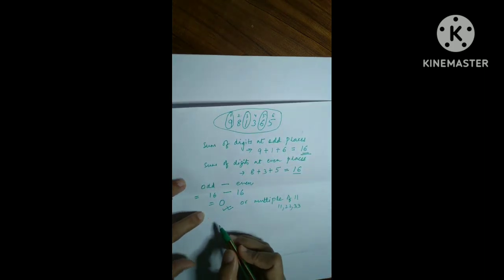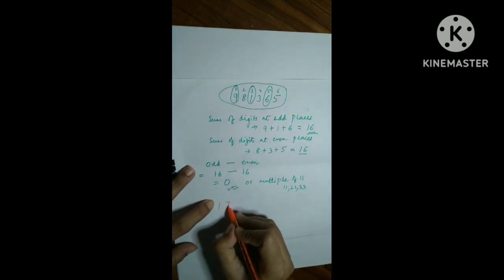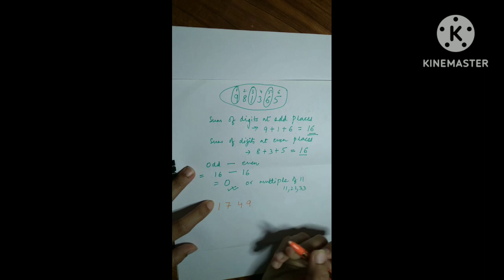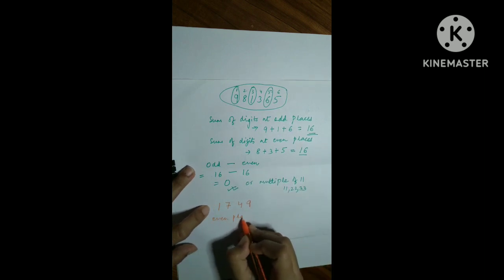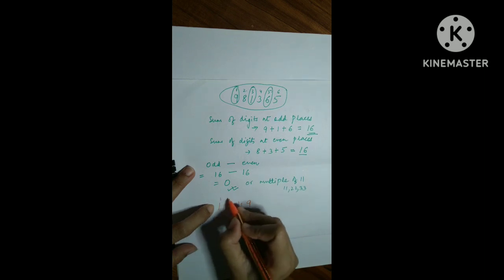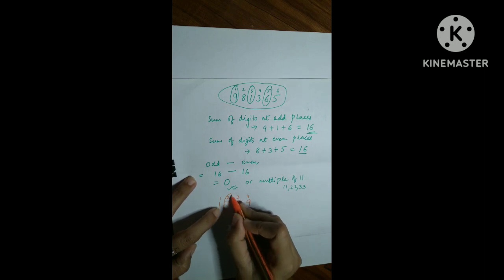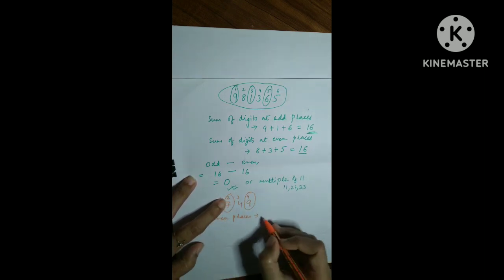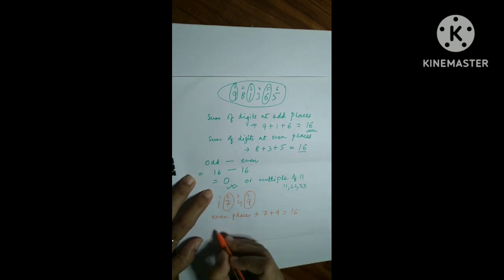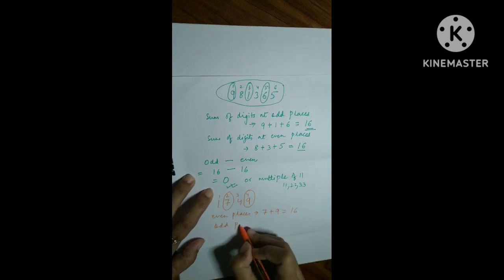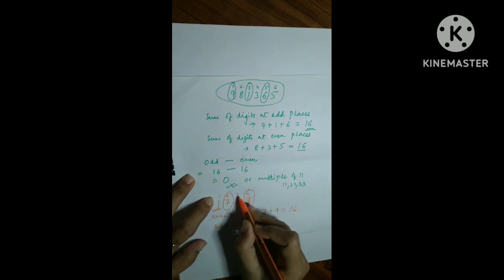Let us take another example. We'll add the even places. We'll give the numbers first of all. So even places are 2 and 4. Odd places, 1 and 3.